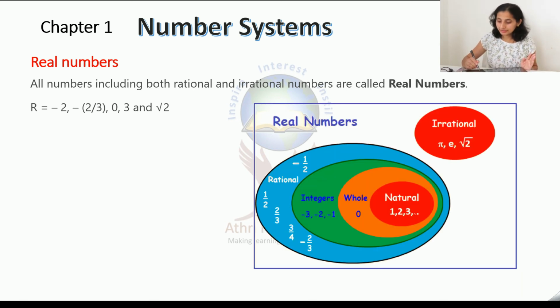Real numbers include natural numbers, whole numbers, integers, rational numbers and irrational numbers. These are some introduction to the number system.